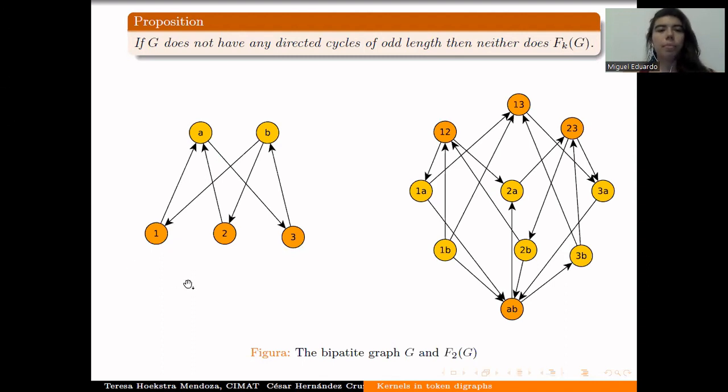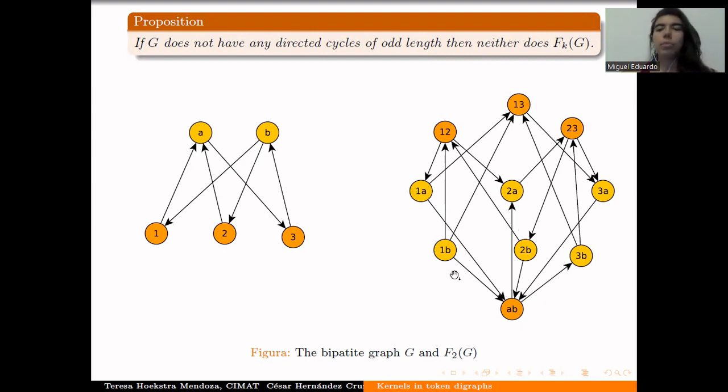So here's an example. If we consider this graph here on the left, it does not contain a cycle of odd length. This means it has a kernel. The vertices on the bottom, which are orange, form a kernel for this digraph. So we should have that its token digraph has a kernel. This is its two-token digraph.